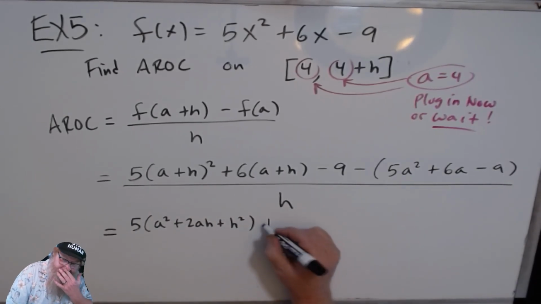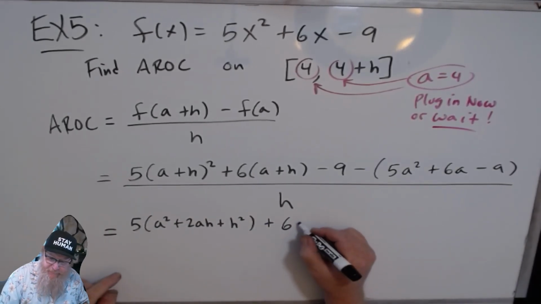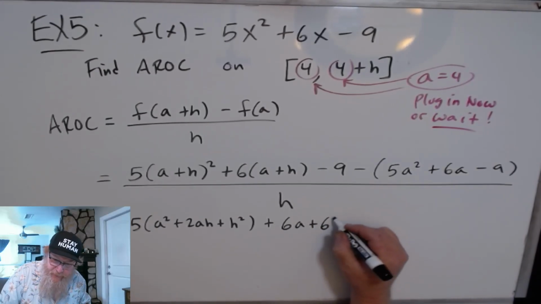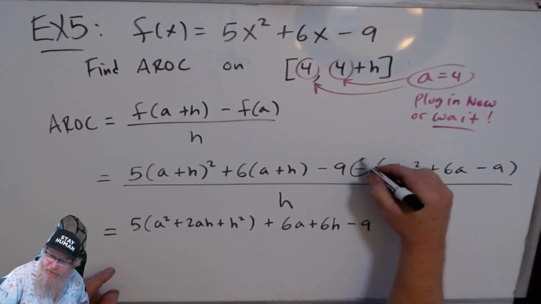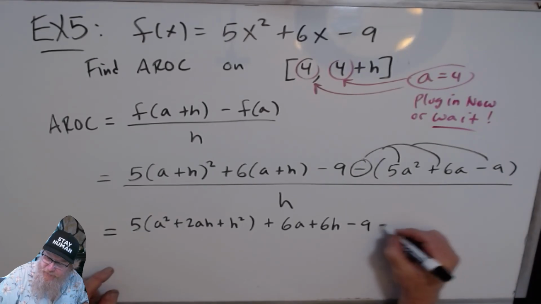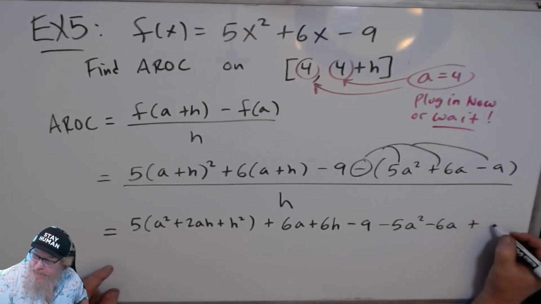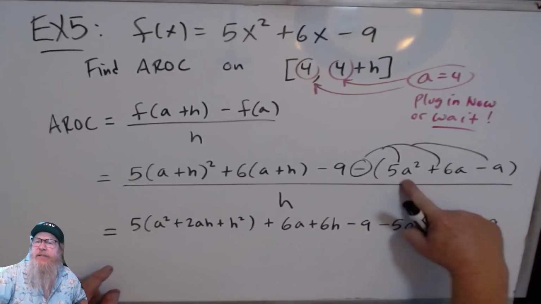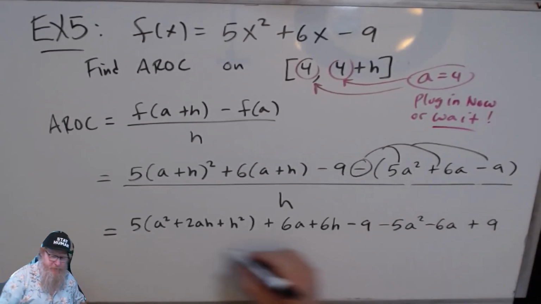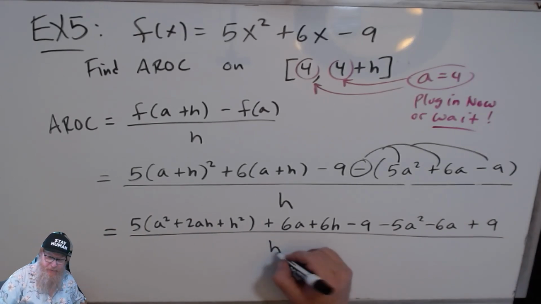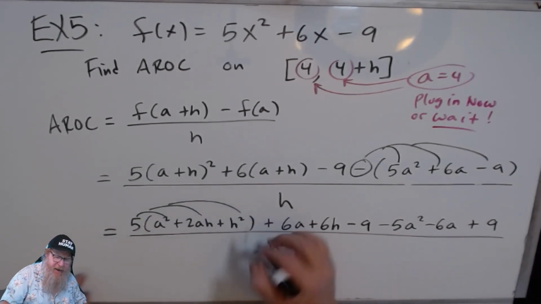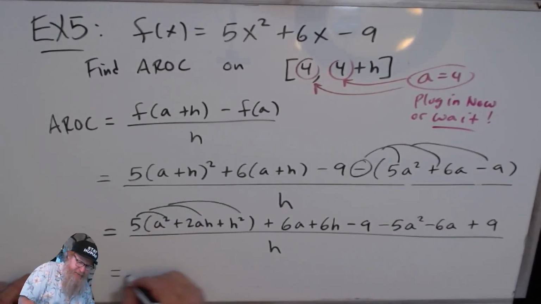That sounds familiar. Last time we didn't have the 5, but that's okay. We can adapt. Distributing this negative, you should always be very careful there. Changes the signs of these last 3 terms. And then I'm going to distribute the 5, which we didn't have in the last example.